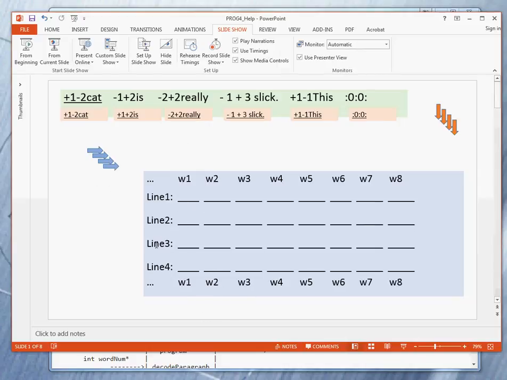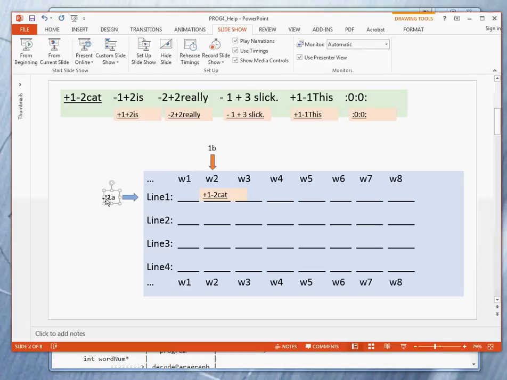In the beginning, we have up to 10 lines. I only show 4. Each line consists of words. So let's go through the sequence of inputs. Whenever the first input is read, which says +1, which identifies the line.